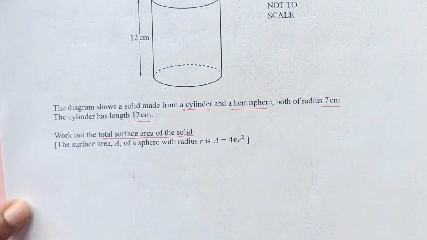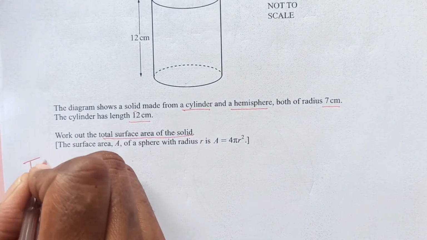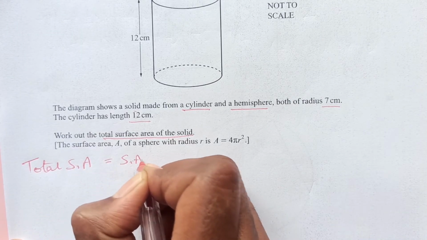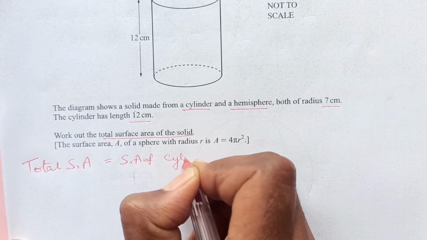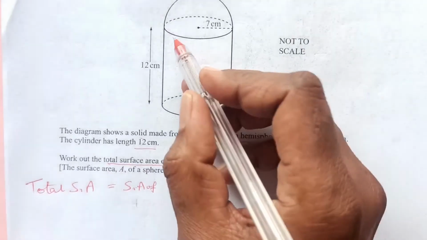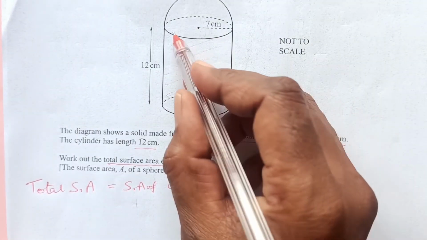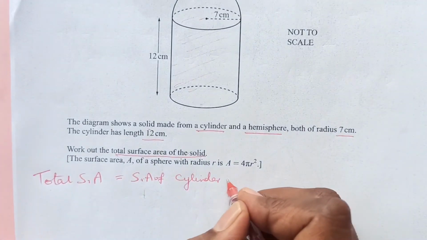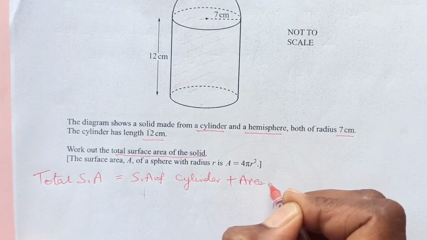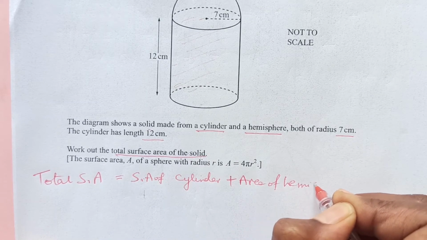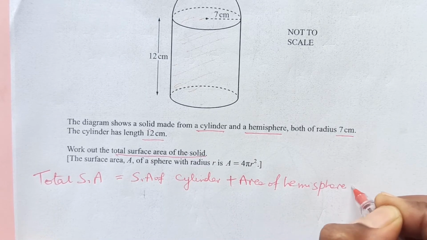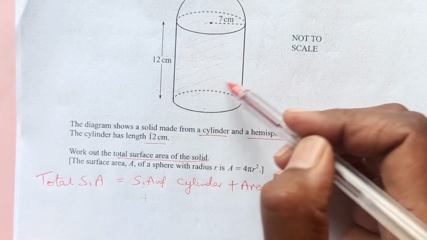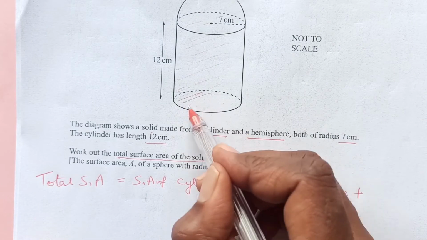Now this solid consists of, let me write it down first. Total surface area will be the surface area of the cylinder, right, this part, plus the area of the hemisphere, which is half of the sphere here, plus, do you see something else here? This top we covered, curved surface we covered, but the bottom is remaining.